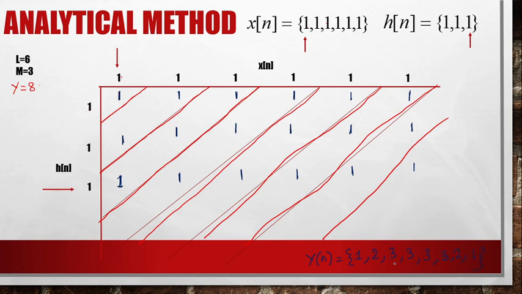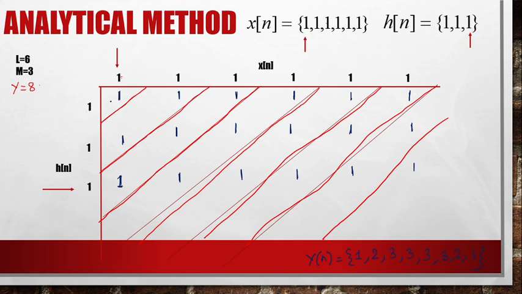Okay, so this is your final answer. Now you have to find which is the 0th sequence. You can understand that this row has interacted with this column, so the 0th sequence must be in this section.